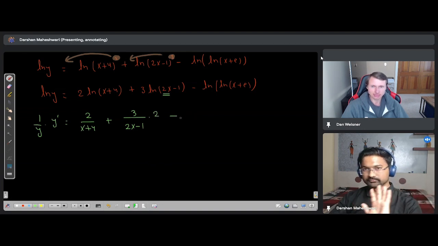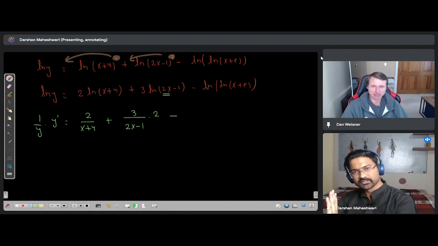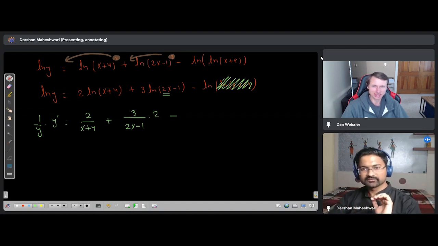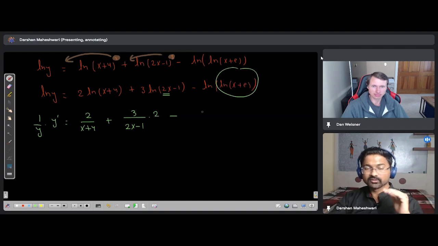And okay, here could be confusing. Let's do it step by step. Ln of something, right? Let this something be what I always read as ln of something, and ln of something derivative is 1 over that something. So this something, whatever it is, it's going to come down. So 1 over ln (x plus e), but we are not done yet. We have to again breach inside.